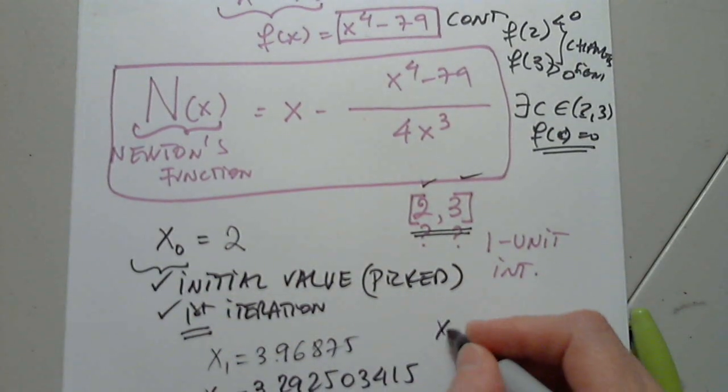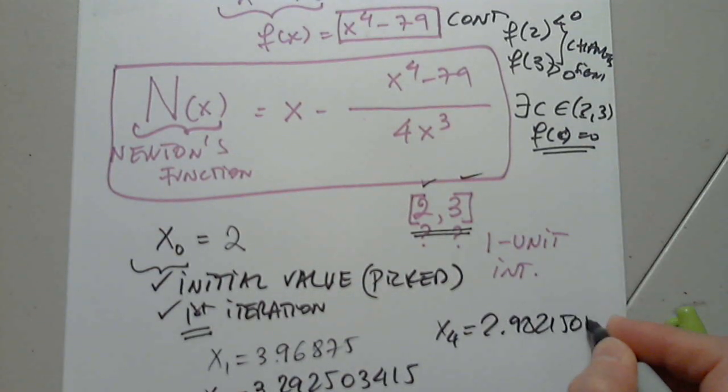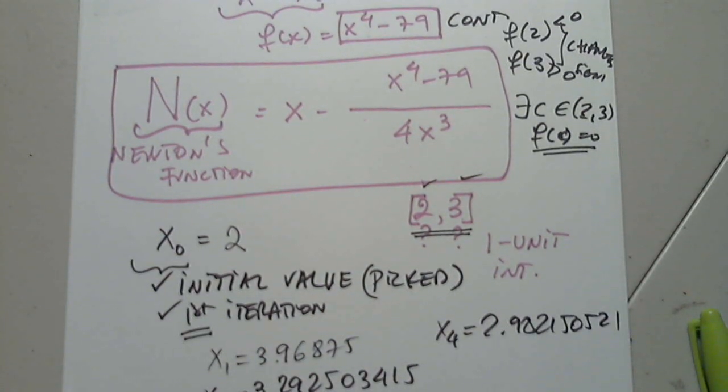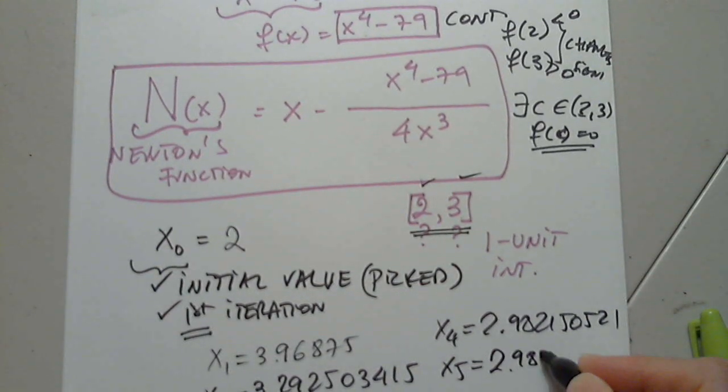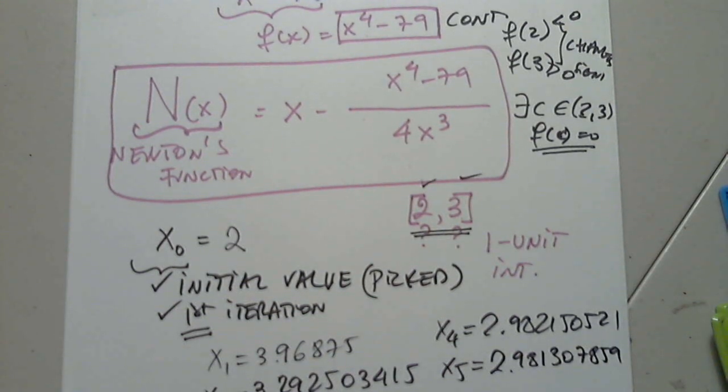Wonderful. So x sub 4 equals 2.982150521. And the next one should probably repeat a lot of these digits. We'll see. So we said 8. Okay, so we still have to go. So x sub 5, 2.9813078859. I'm guessing the next one is identical, probably all of them. We'll see. Maybe I'm wrong.